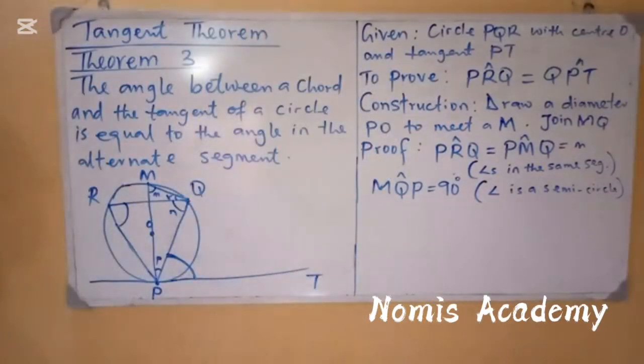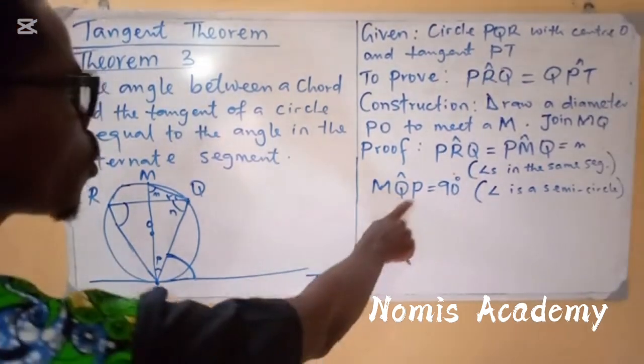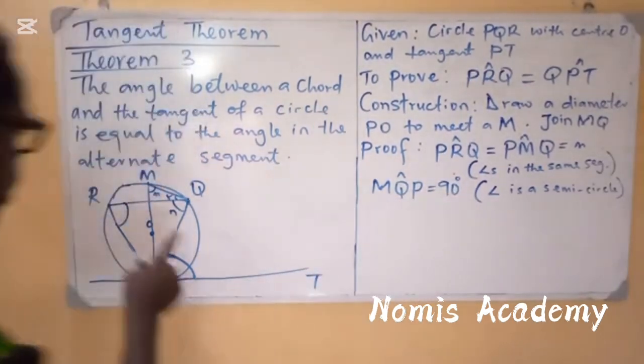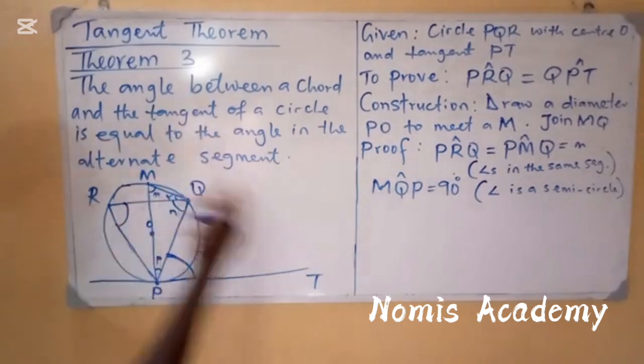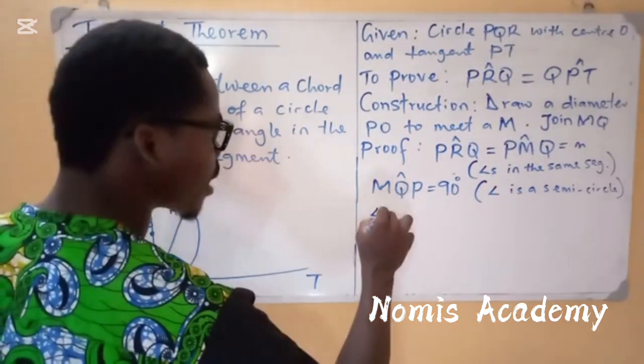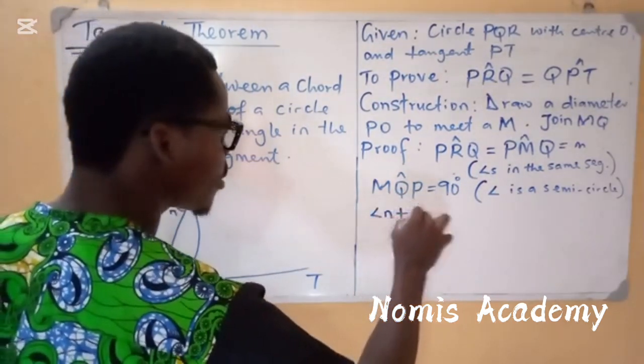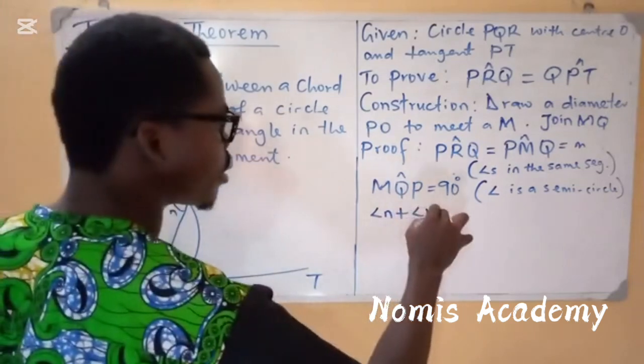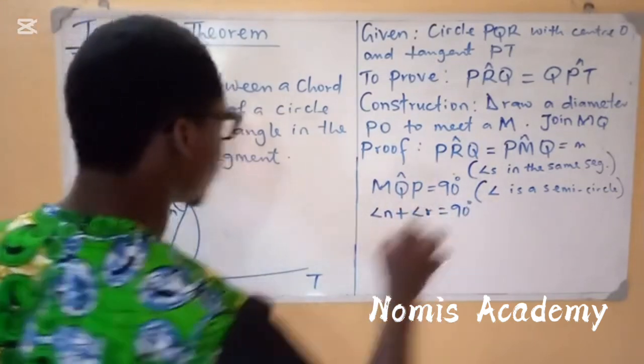So we agree with that. If MQP is 90 degrees, then the angle at N plus the angle at R is 90 degrees.